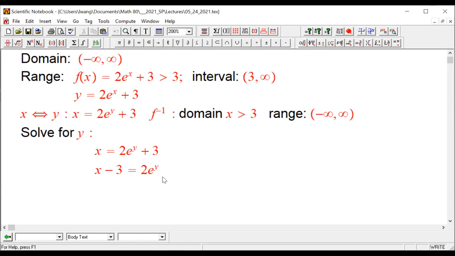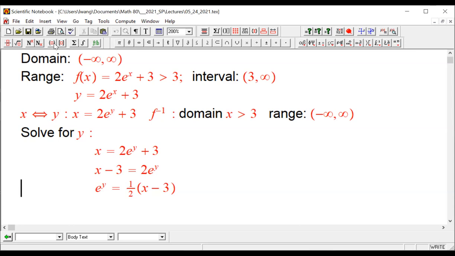We're solving for y. In order to solve for y, I'm going to isolate e to the power y. So now we're closer to e to the power of y. So e to the power of y is equal to half of x minus 3.